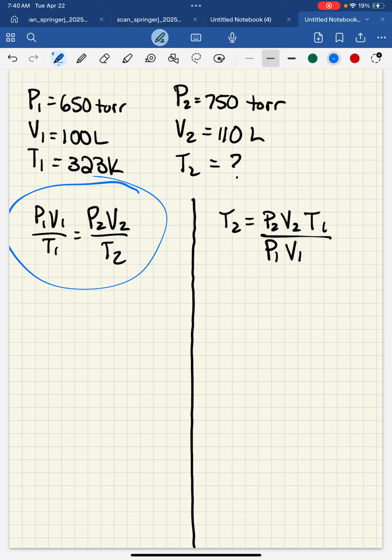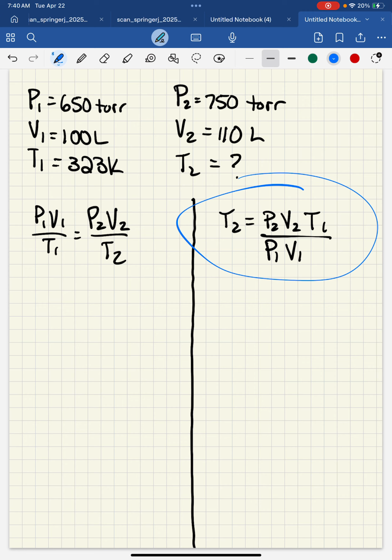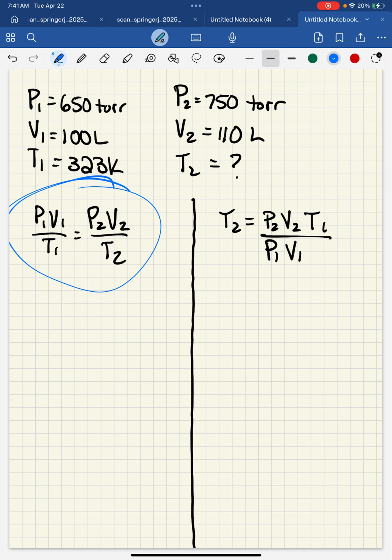And you could certainly plug in here and solve for T2. Or you might rearrange to solve for T2 first. And then plug in. Doesn't matter to me how you do it. Whatever you're the most comfortable with. You could plug in here, cross multiply, whatever you got to do.